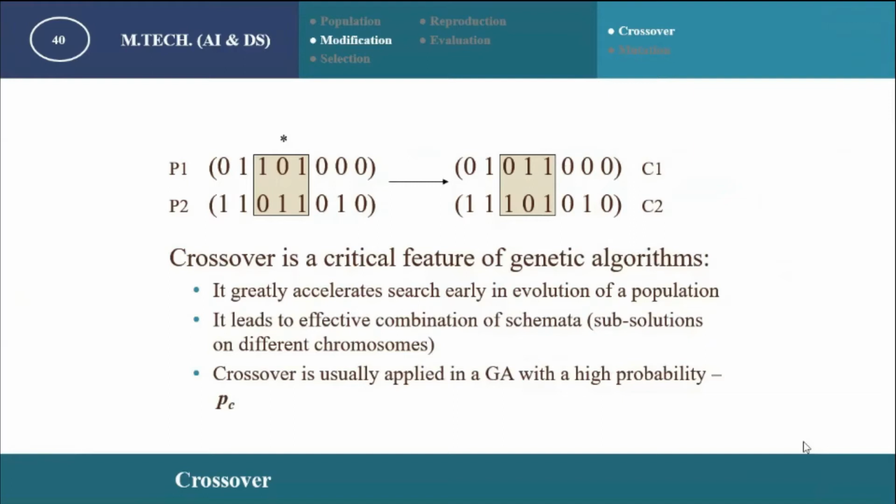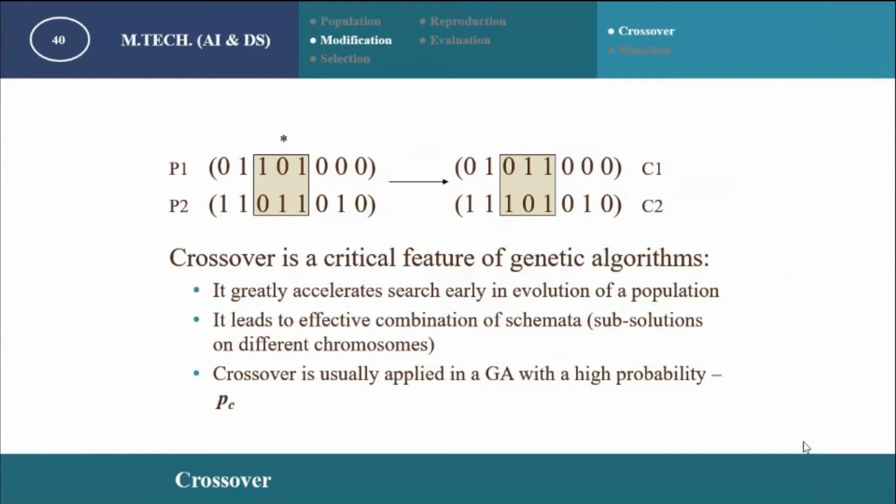It is believed that in the early stages of the search, not the best fit individuals but better fit individuals are explored. So it leads to effective combination of schemata, that is, subsolutions on different chromosomes.